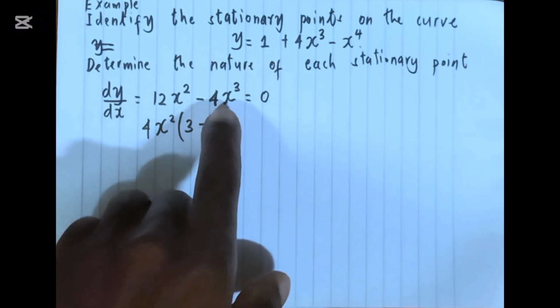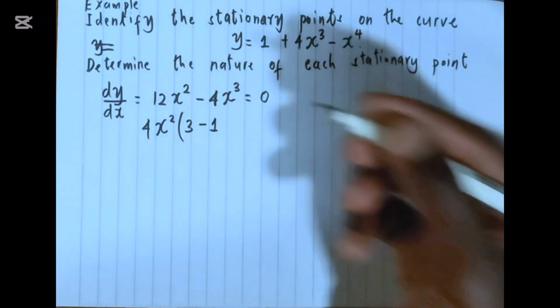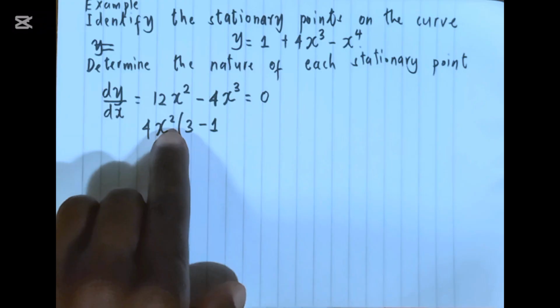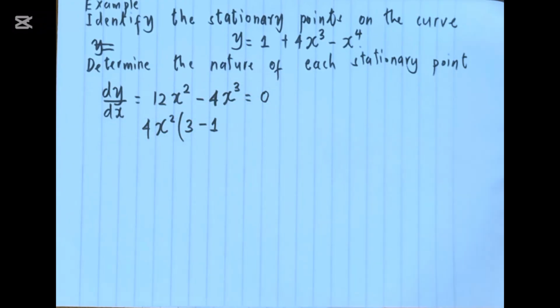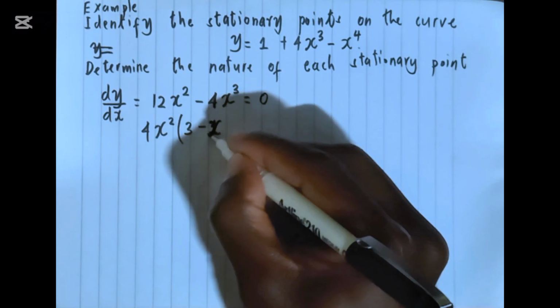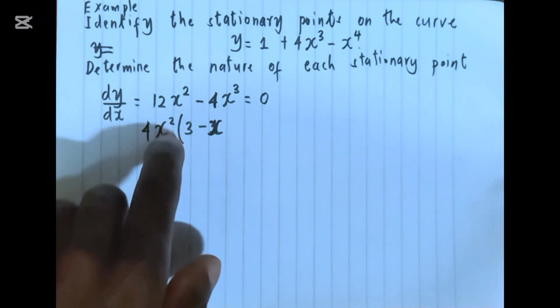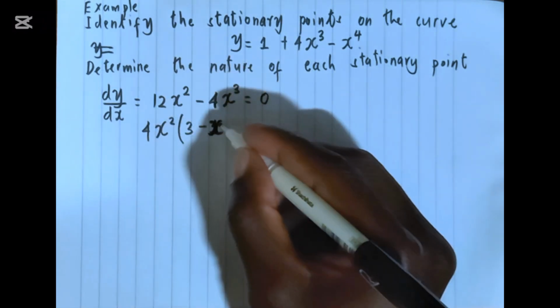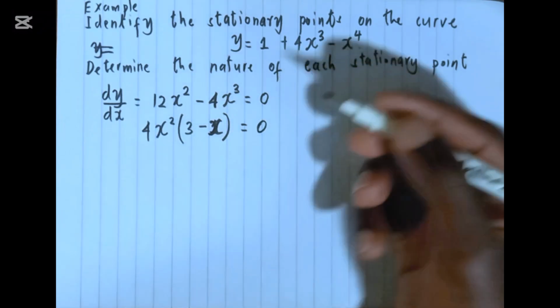So that's 4 divided by negative 4, which will give us negative 1. And x cubed divided by x squared will give us, that is 3 minus 2, x raised to 1. So basically this will be 3 minus x. The coefficient of negative x is just negative 1. So that's 3 minus x, and this all will be equal to 0.